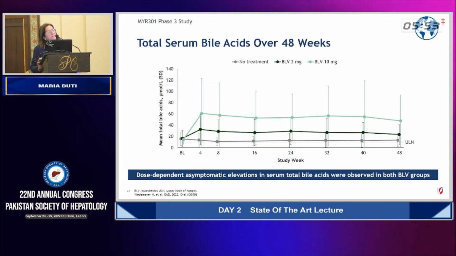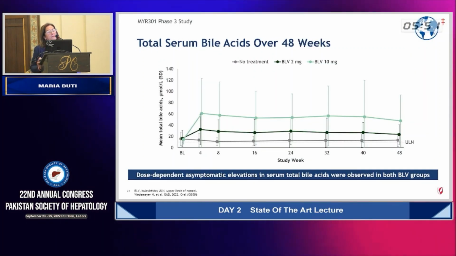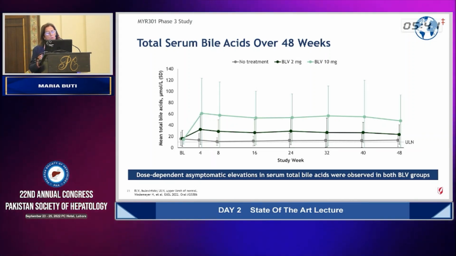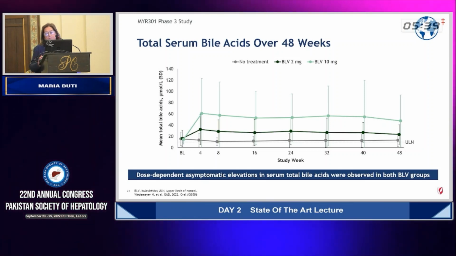The only adverse event is an increase in bile acids, and this increase is transient. It's also dose dependent, higher with the higher dose, and it's observed in both groups.